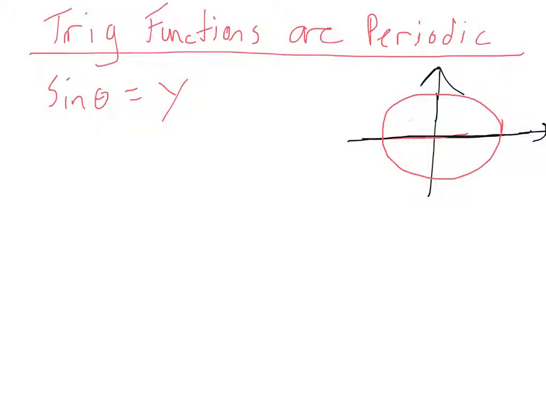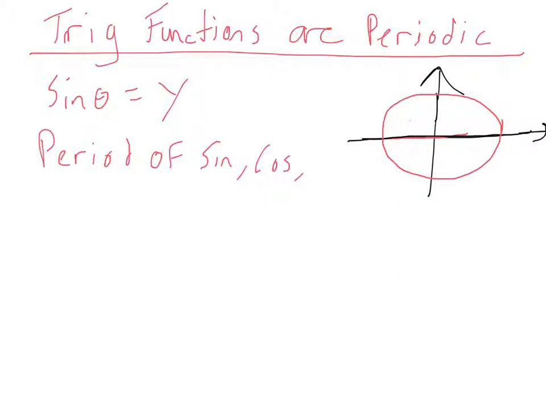So for sine, and the same thing's going to be true for cosine, right? So the period of sine and cosine, and because cosecant and secant are just reciprocals of sine and cosine, they do the same.